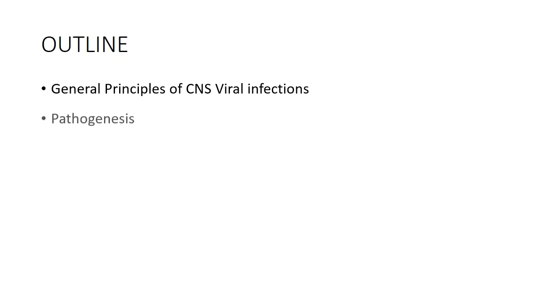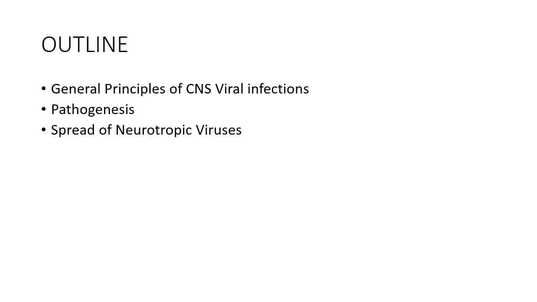So what do we plan to discuss today? We plan to discuss the general principles of CNS viral infections with a particular focus on the pathogenesis and the spread of neurotropic viruses.